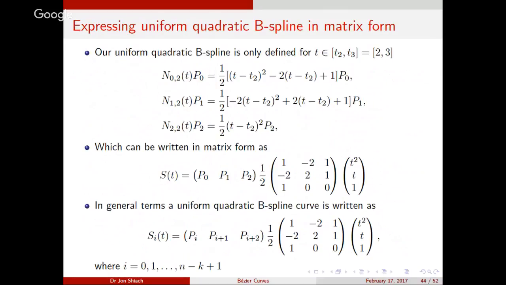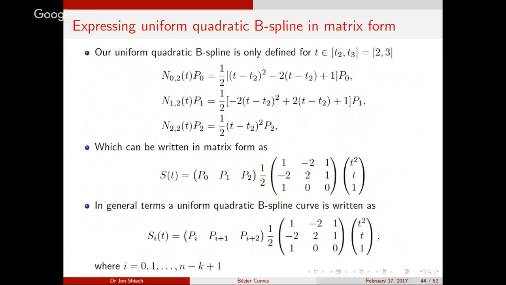This is exactly the same as the Bezier curves this morning. So (t minus t2) squared, where t2 in this case is 2. If I replace t2 by 2, (t minus 2) squared gives me t squared minus 4t plus 4, divided by 2 there to take out a common factor. So that's our basis spline, very similar to the Bezier curve, and it's applied in the same way.